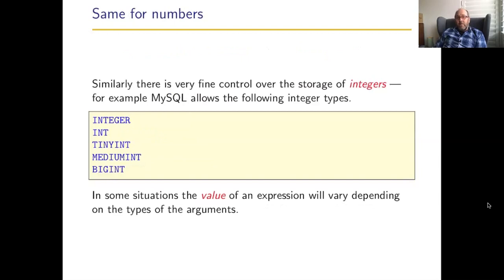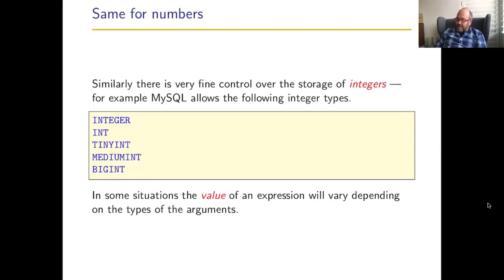Similarly, in modern implementations of SQL, like MySQL, for example, there are lots of different ways of storing integers. You can declare a column to be of type integer, or of type int, or of type tinyint, or of type mediumint, or of type bigint, and so on. So these differ in the amount of storage space that MySQL will allocate for them, and therefore the range of values that they can store.